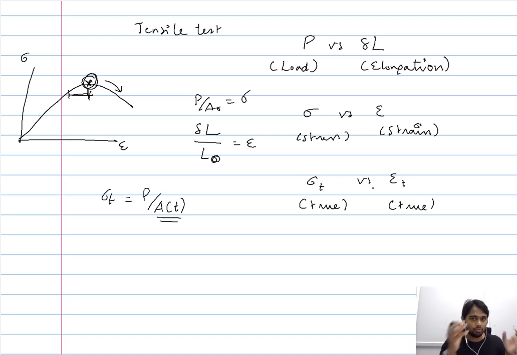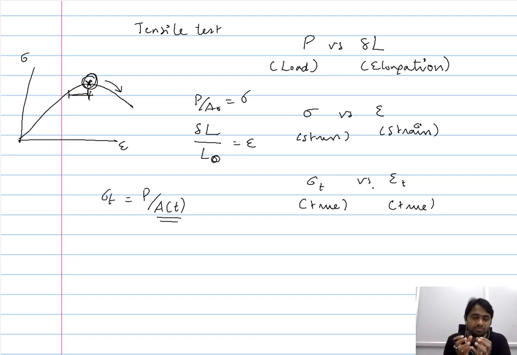When you want to present the results directly in the form of true stress and true strain, you need to have a sophisticated setup, and the cost of the test proportionately increases. So that is another reason why people have considered the engineering stress and engineering strain.